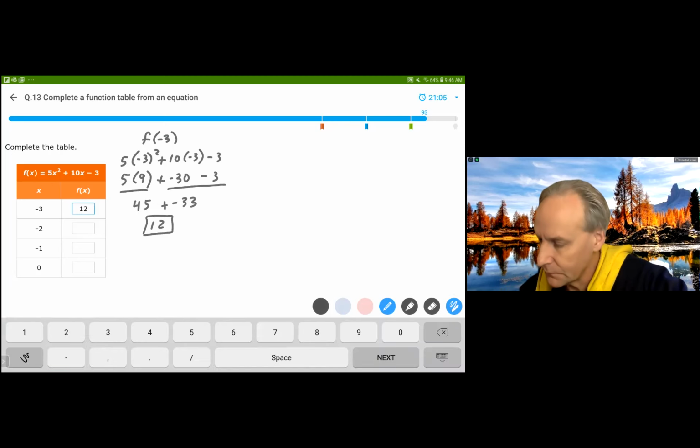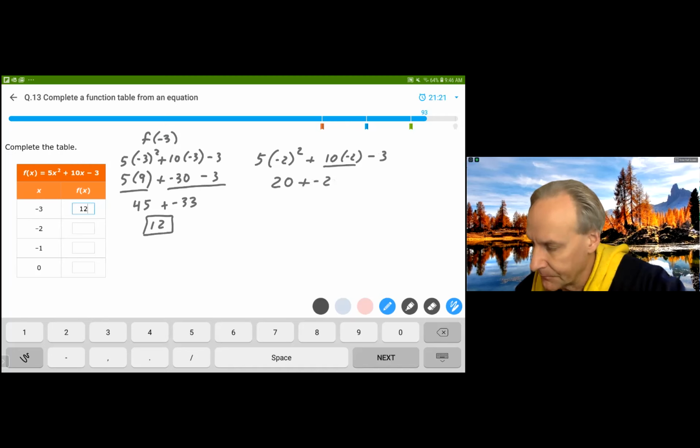Now I'm going to do the negative 2. So 5 times negative 2 squared plus 10 times negative 2 minus 3. That's going to be 4 times 5 is 20. This is negative 20, isn't it? And hopefully you can see that's 0, and so I get negative 3.